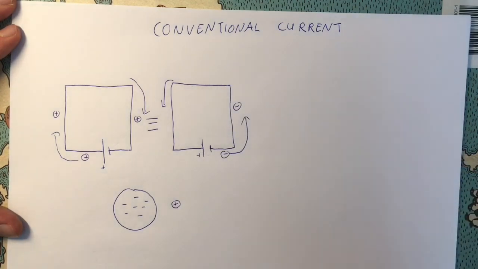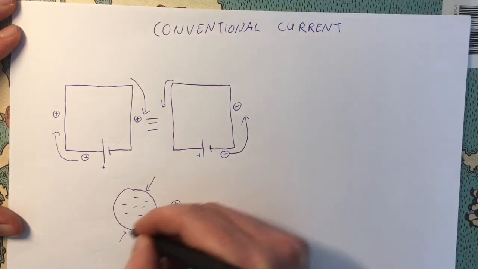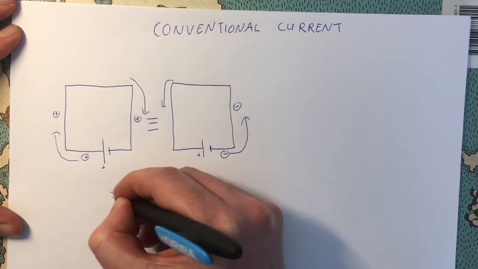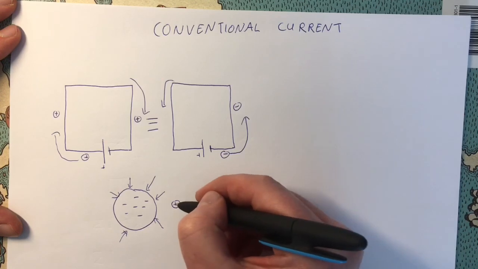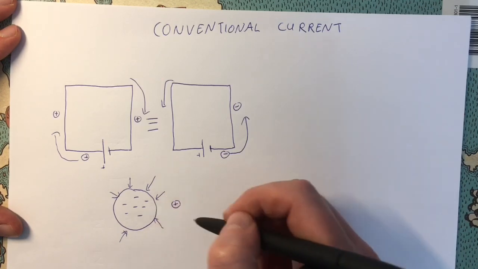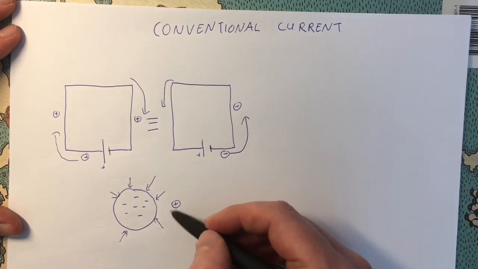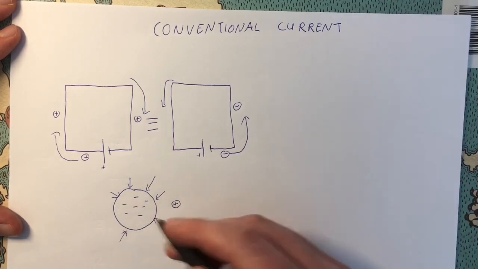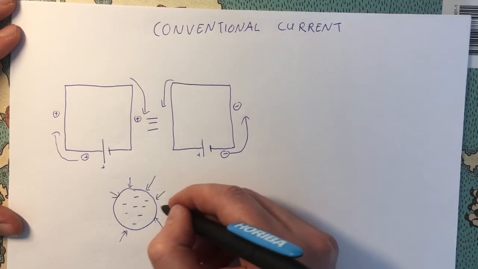Whereas if we just want to imagine what's happening with the electric field generated by this negative charge, we'll just imagine having a small positive charge, and then the effect of this positive charge on this large negative charge will be negligible, and then we can imagine what's going to happen.